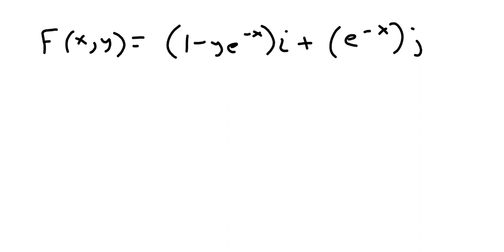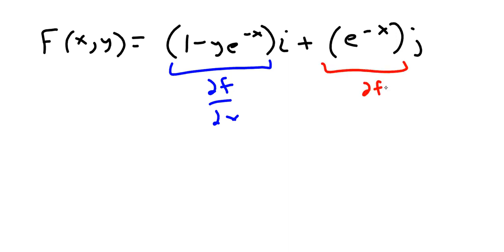And so the question is, can we find a scalar function that would have partial f partial x here, and then also it's got to have this partial f partial y. So here we go. Let's let it be f of x comma y equals, and I tend to start just with f.